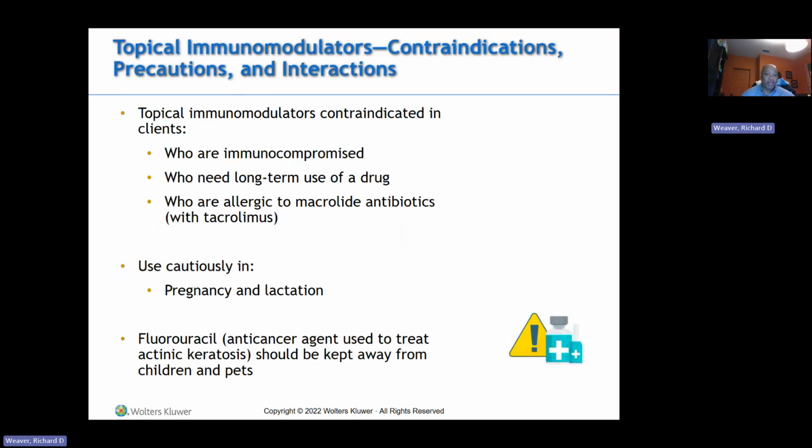Well, if I weaken the immune system in order to reduce inflammation, then it can allow some of those cancer cells to come on through, so to speak, right? Pregnant and lactating women should not use this, or they can actually use it, but of course with caution. All right.